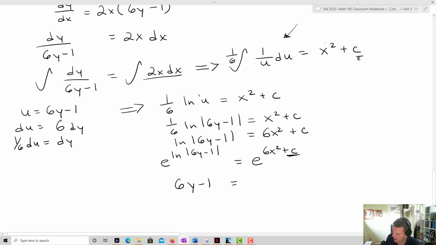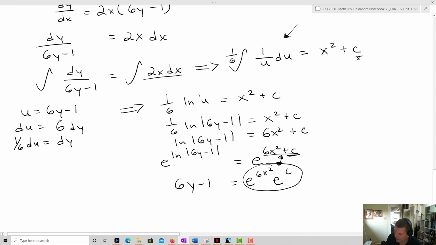So 6y minus 1 is now going to equal e to the 6x squared times e to the c, by our power laws. If we multiply two numbers whose bases are the same but whose exponents are different, we just add the exponents. And so that's how we get this piece here. These two end up being equivalent.